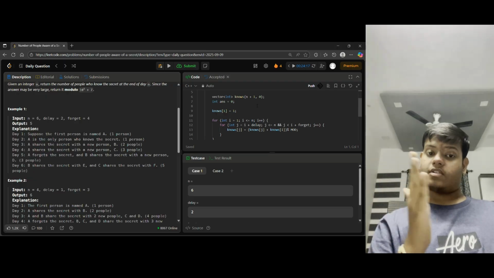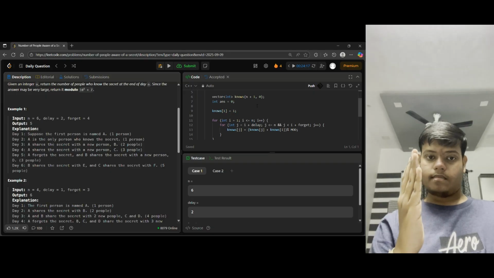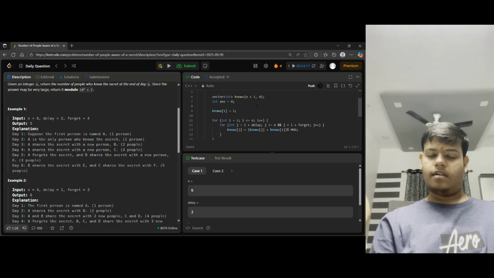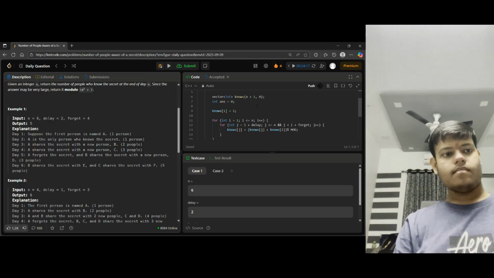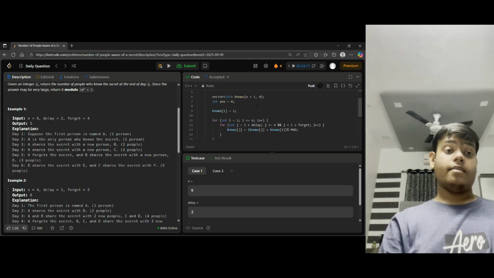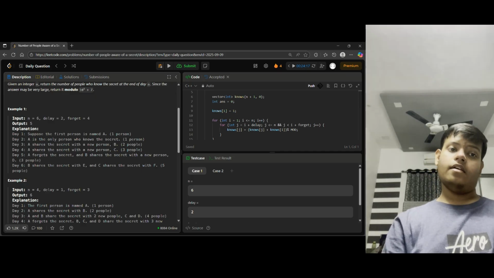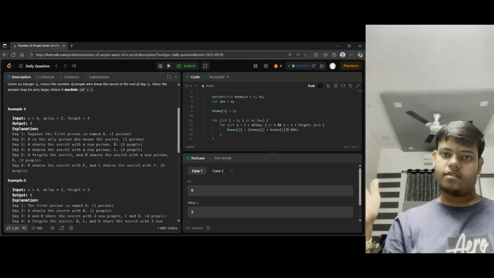Now we are going to start our loop from 2. We are going to add everything by adjusting the delay and forget values, and there may be a chance that forget goes out of bound.